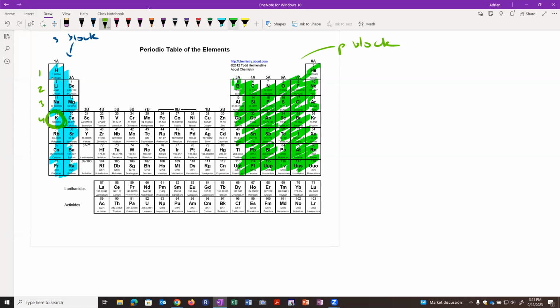And in the middle, in yellow, we have the D block. And underneath, by the way, over here, this is the F block. And these correspond to different sublevels in electron configuration.